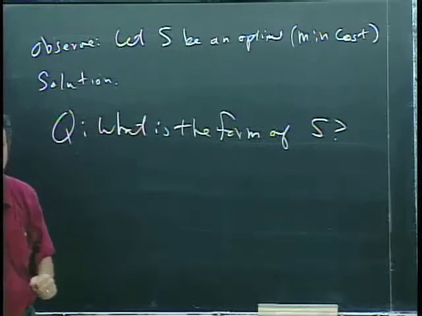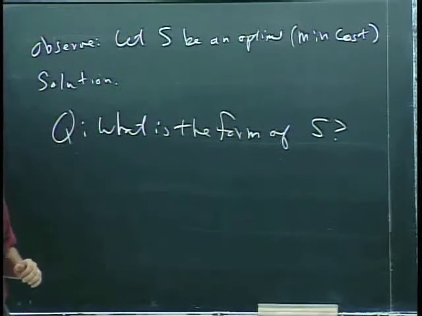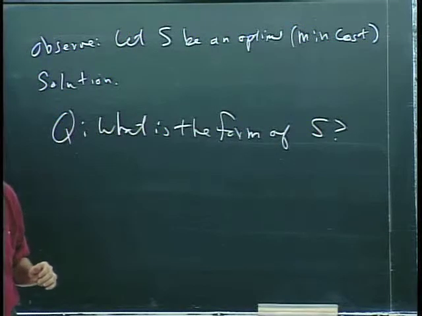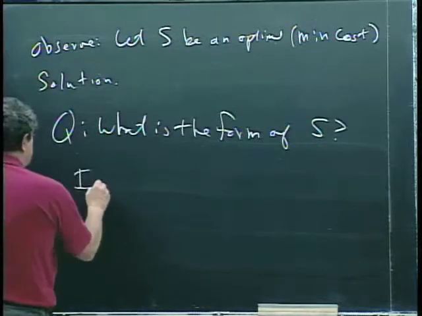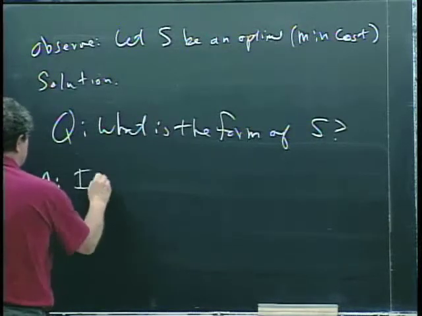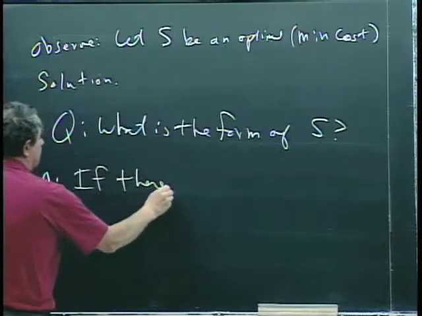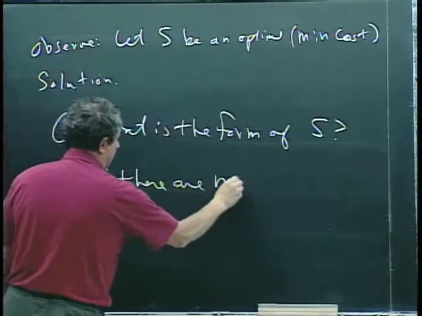Yeah. Well, since each edge connects two nodes, you can't have too many fewer edges than you have nodes. Okay, so you're saying if you have n nodes, you can't have any less than n minus 1 edges.